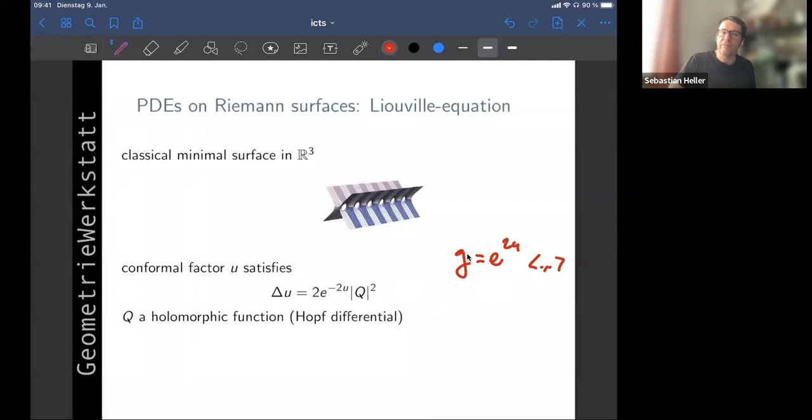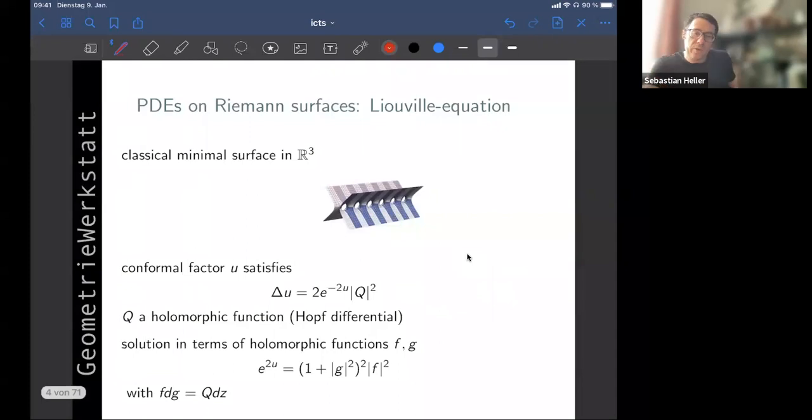Then from complex analysis, you know how to write down the general solution of such an equation in terms of holomorphic data. Namely, you get two holomorphic functions f and g on the domain, such that f times the derivative of g is this holomorphic function q times dz, where z is the conformal coordinate.